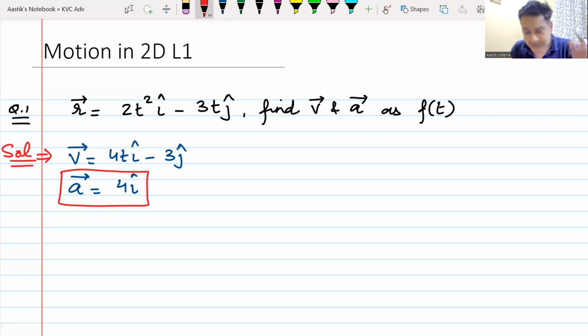Now, can you tell me what type of motion this is? Is this motion with uniform acceleration or is it motion with non-uniform acceleration?